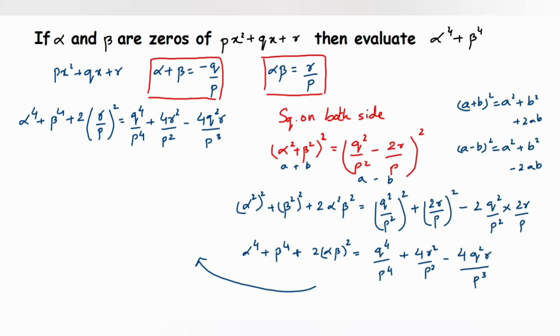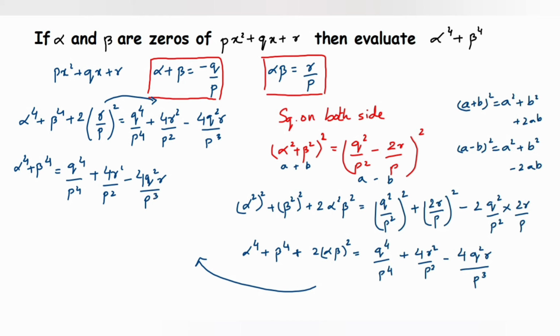Now here it is alpha to the power 4 plus beta to the power 4. We're going to transpose 2r square upon p square to the other side, so this is equal to q to the power 4 upon p to the power 4 plus 4r square upon p square minus 4 q square r upon p cube.